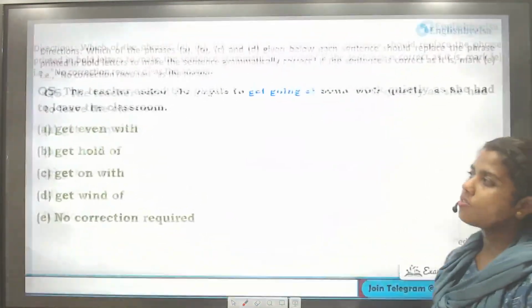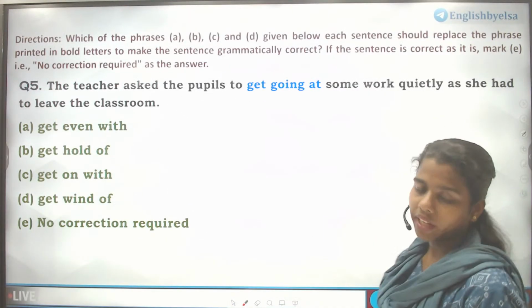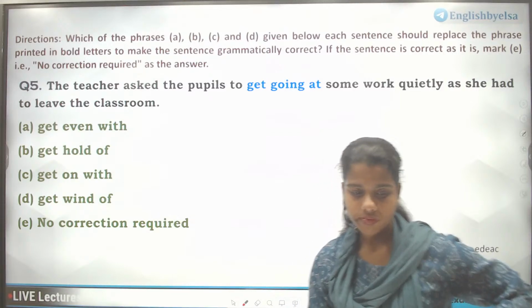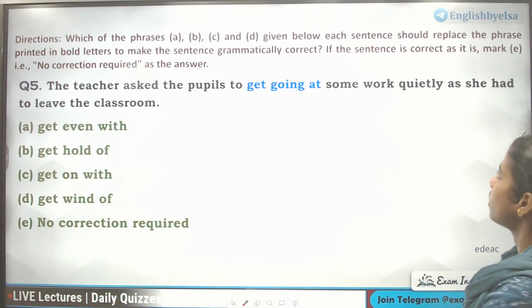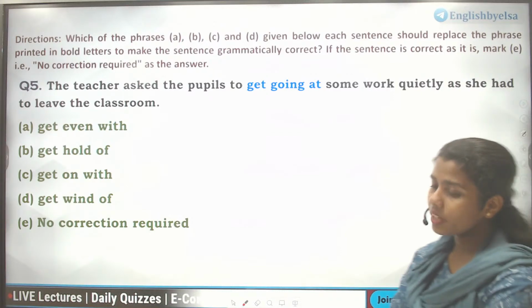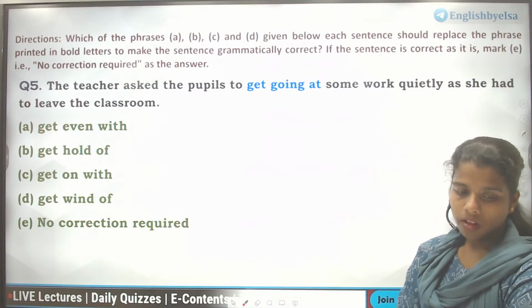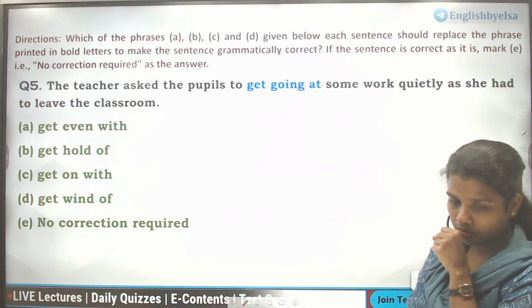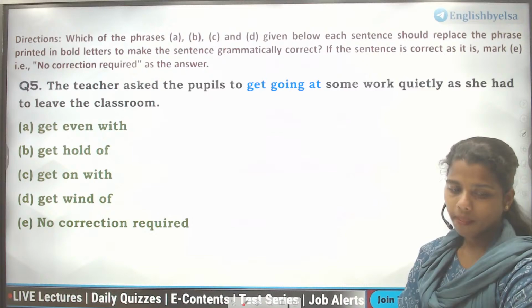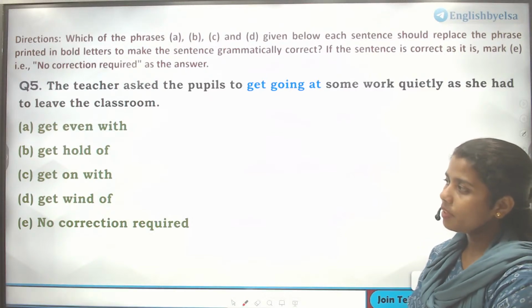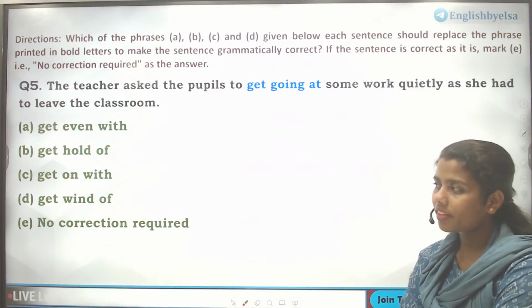And the last question for this particular topic. The teacher asked the pupils to get going at some work quietly as she had to leave the classroom. Get even with, get hold of, get on with, get wind of.